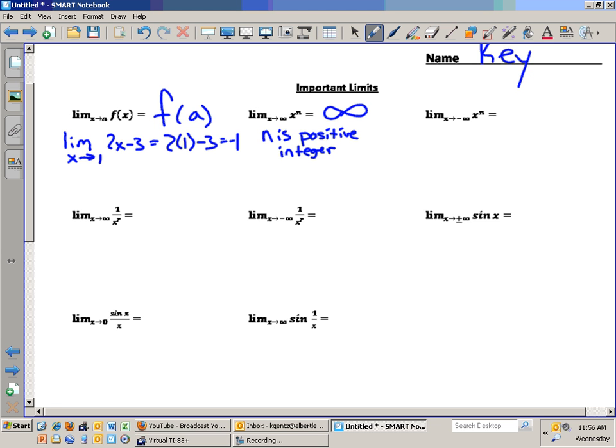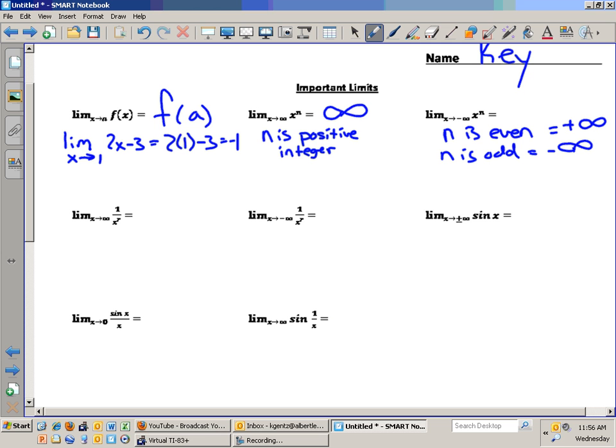And what do you think happens if it goes to negative infinity? If n is even, then it's positive infinity. But if n is odd, negative infinity, right?